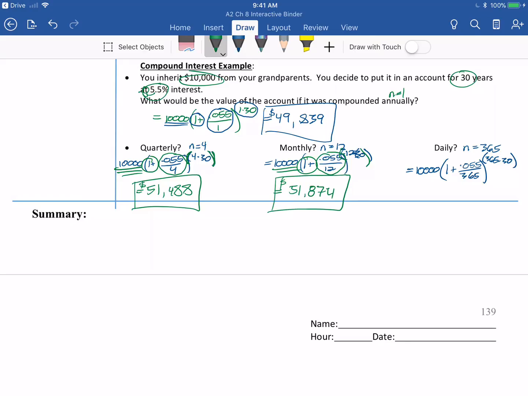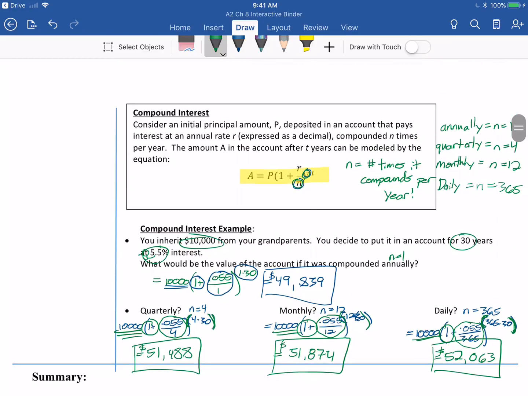And if you compound daily, make sure you divide by 365, add the 1, and then raise it to the 365 times 30. That's going to be a huge number. Then you multiply it by 10 grand, and you should get $52,063.